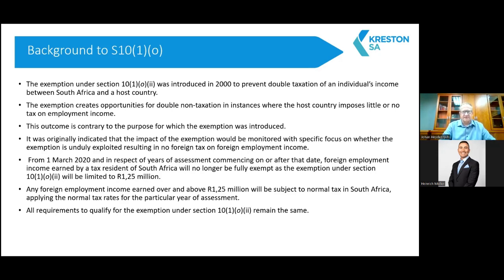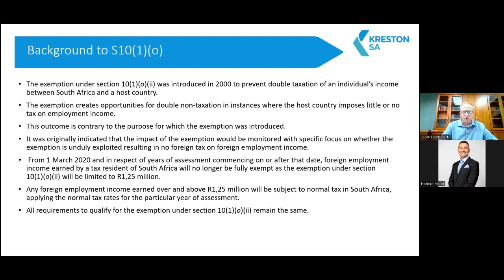If you work abroad for a foreign employer, then you will not be taxed in South Africa, provided that you meet the 183 days and the 60 days limits. And that was in 2000. So life was good up to March 2020. For a good 20 years, life was good, because you simply had exemption if you had foreign employment income.